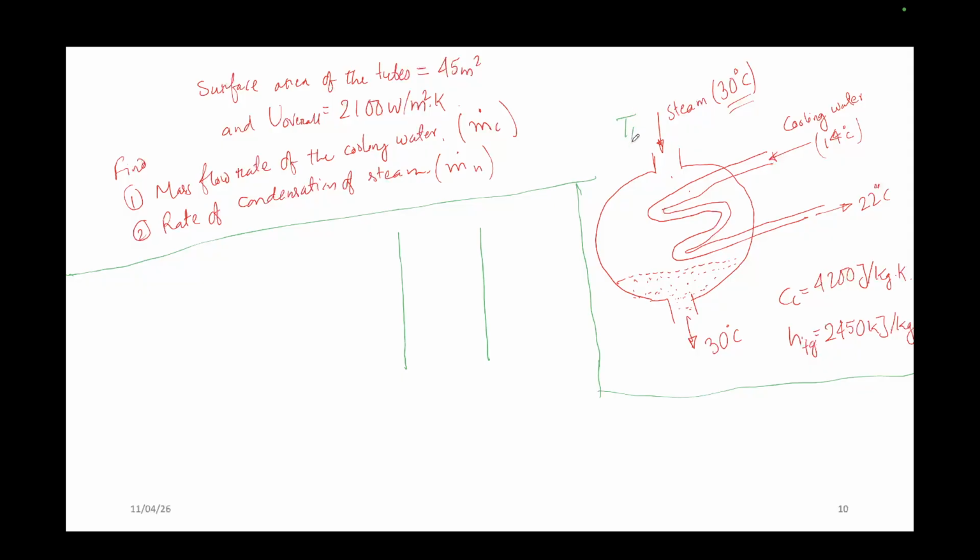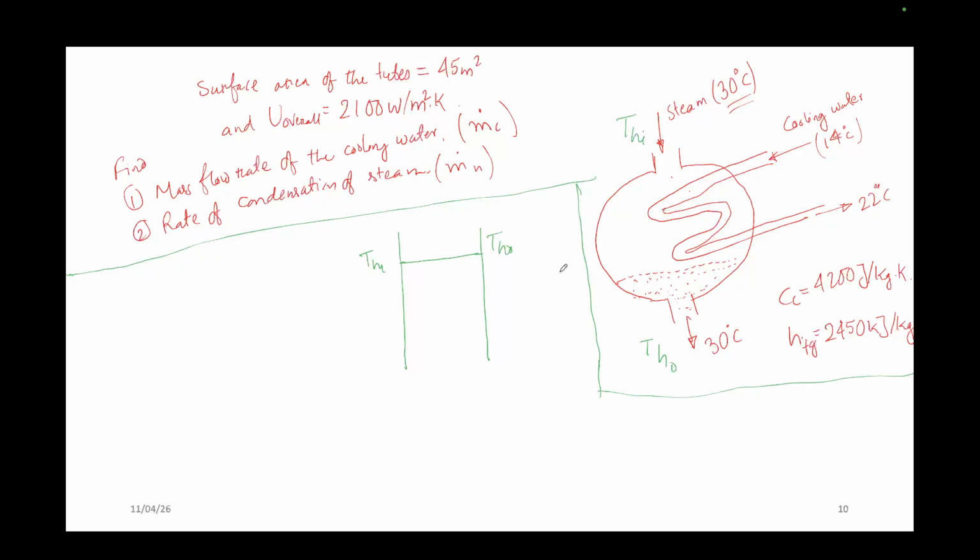So this is your TH1 and this is your THO. The temperature is constant. You can take any side, it is not an issue. THI. Okay.